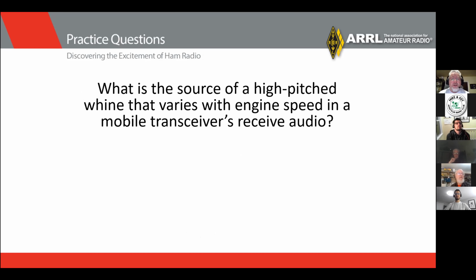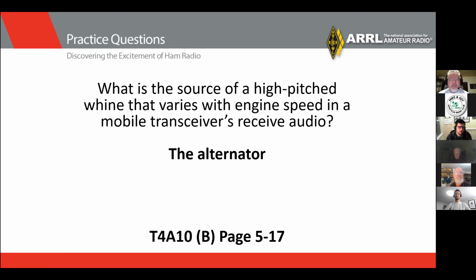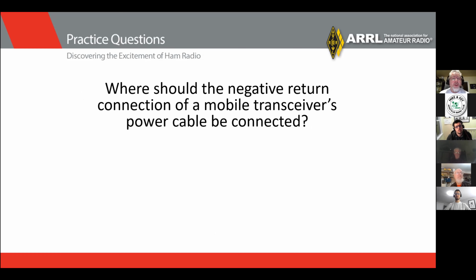What is the source of a high-pitched whine that varies with the engine speed in a mobile transceiver's receive audio? Probably the alternator. Where should the negative return connection of a mobile transceiver's power cable be connected?